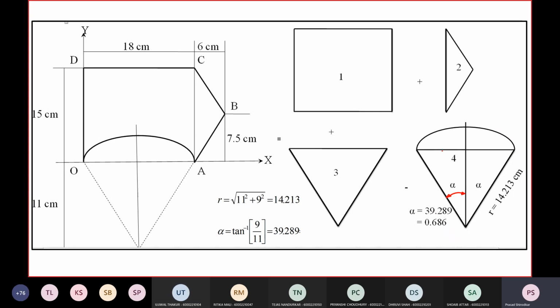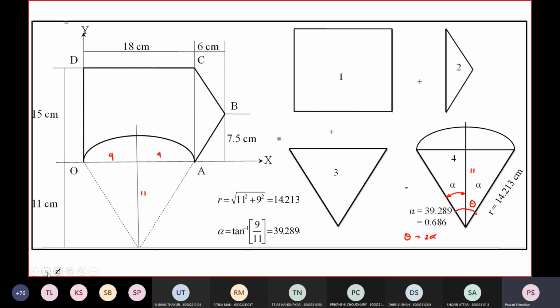Correct, because this is 11 and this is 9. Because the total is 18, half of that will be 9 and 9. I got that, but there you multiplied it by 2. Yes, because while calculating the area of the sector, we take the entire angle, that is theta, and theta will be 2 times alpha. I hope that is clear to all of you. If you have any doubts, please ask immediately.